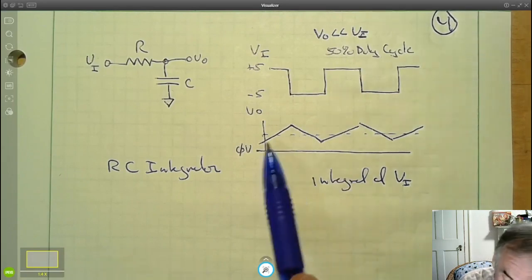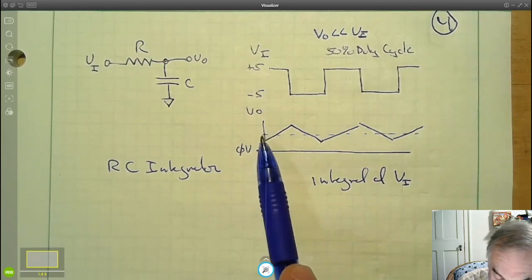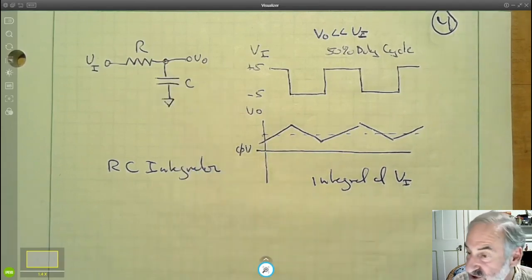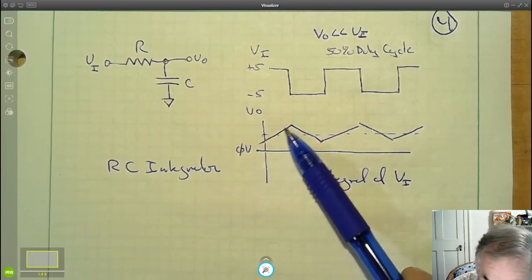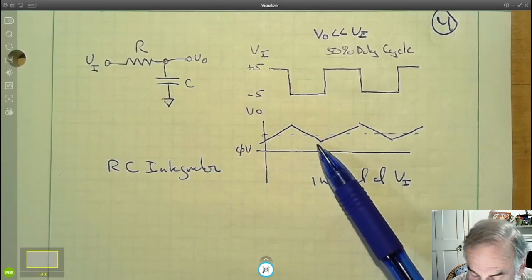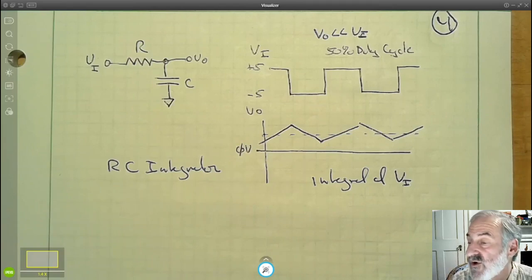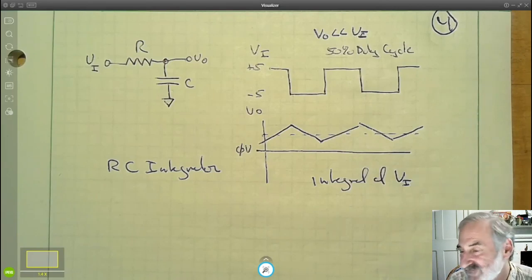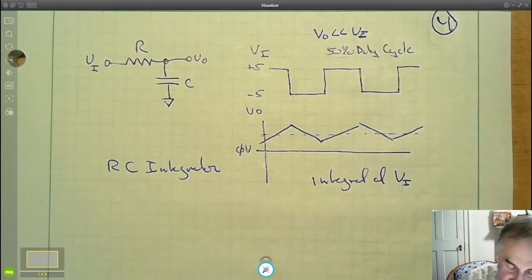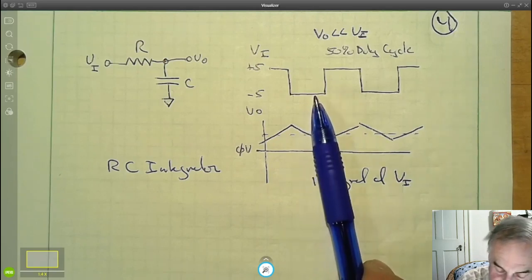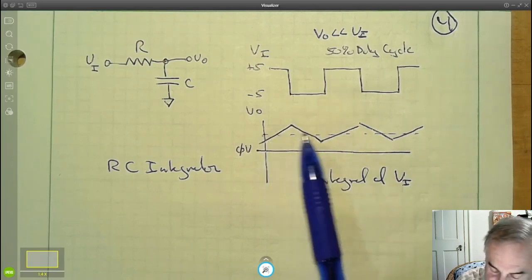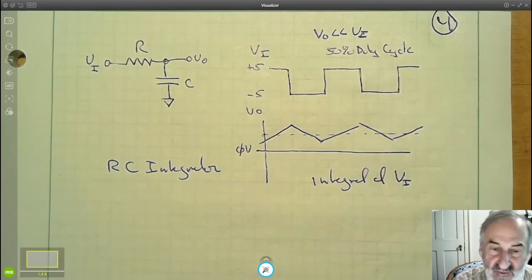In this case, this capacitor started with some DC voltage, and that DC voltage won't change, because the amount of charge that's pumped into it when we go up is exactly the same amount of charge that's sucked out of it when we go down. And the average change in DC value is always 0, so the capacitor will have whatever voltage it started out at. It could be 0, and oftentimes it will be. But in this particular case, if we assume this has been running since the beginning of time, we had some DC voltage on the capacitor when we started.